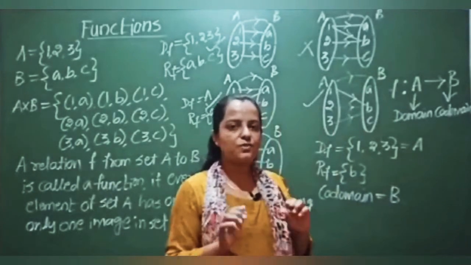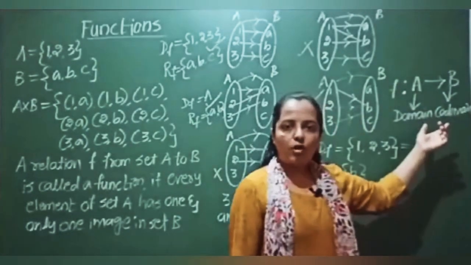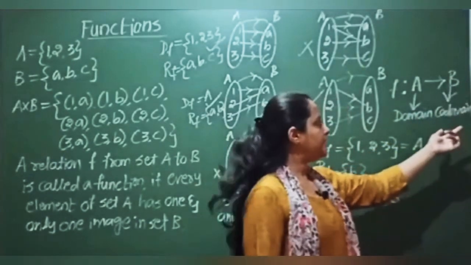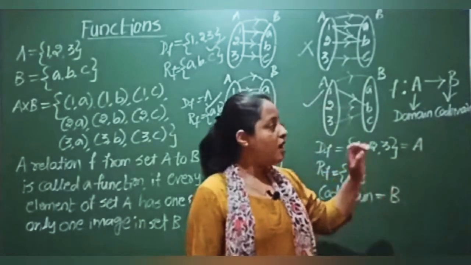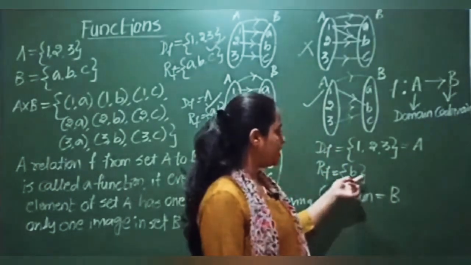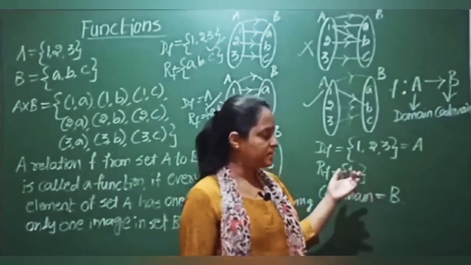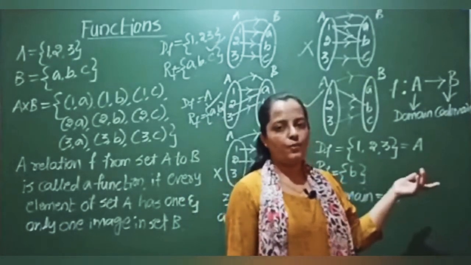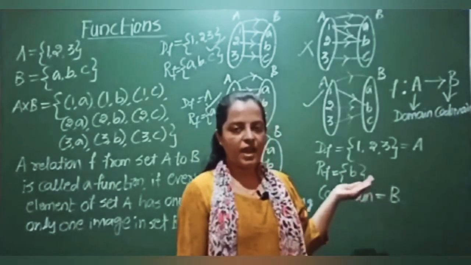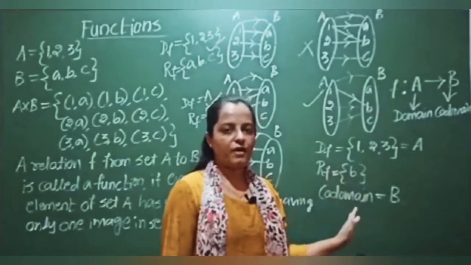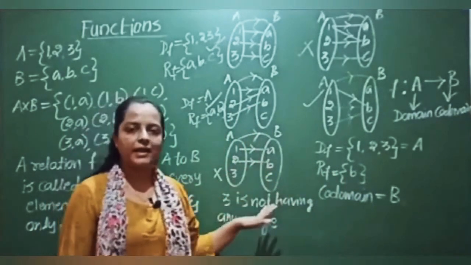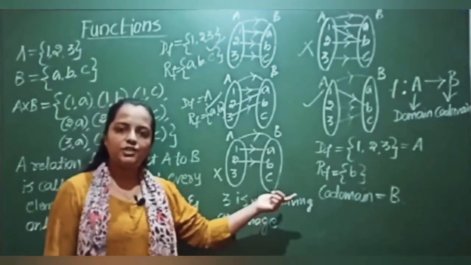In terms of a function, set A is always the domain and set B is always the codomain. The set of all image elements we call the range, and obviously the range is a subset of the codomain, or sometimes the range is equal to the codomain. So hope you all understand what a function is and how to find its domain, codomain and range.